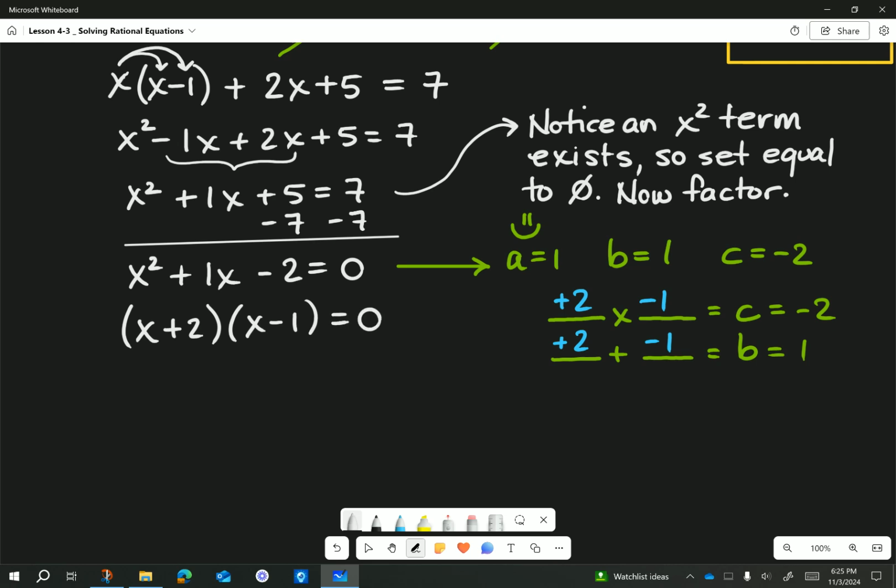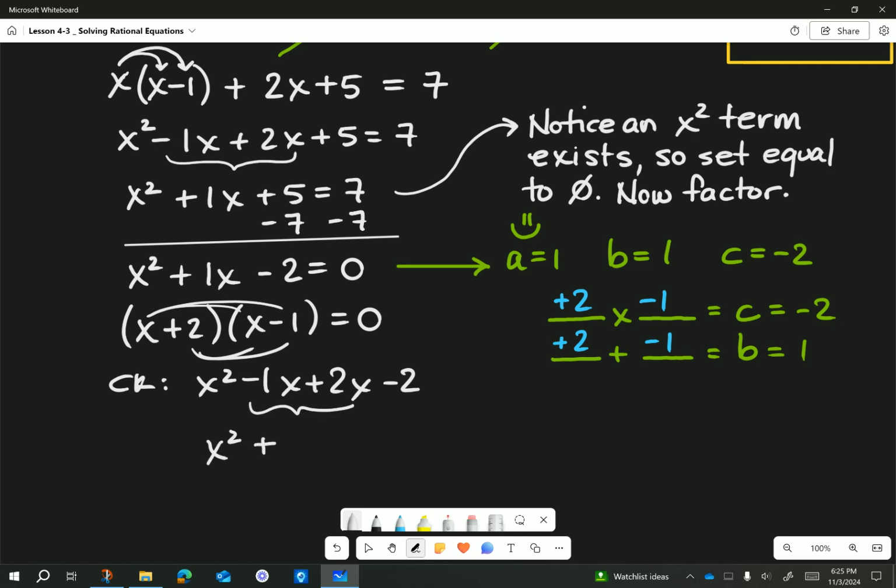And indeed, if I were to multiply this out, I would end up with x squared plus 1x minus 2. Okay? And if you wanted to check, like I've shown you guys many times, FOIL it out. X squared, and then minus 1x plus 2x minus 2, and these two become x squared plus x minus 2. And that's exactly what we had originally.